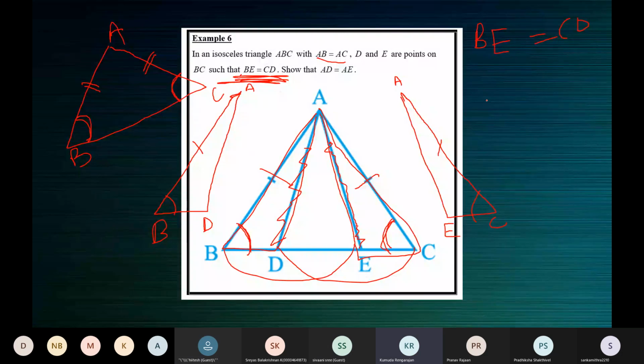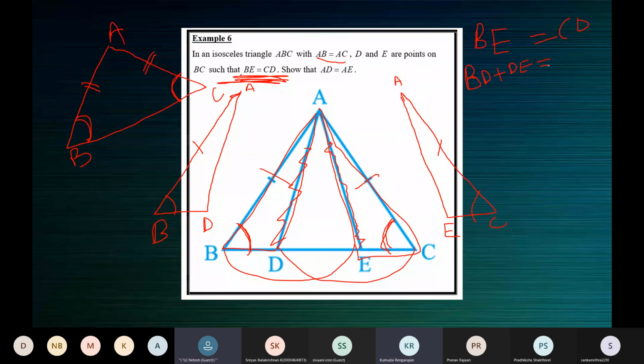Now, split BE. How can you split BE? BD plus DE. Let's write BE as BD plus DE. And how do you split CD?